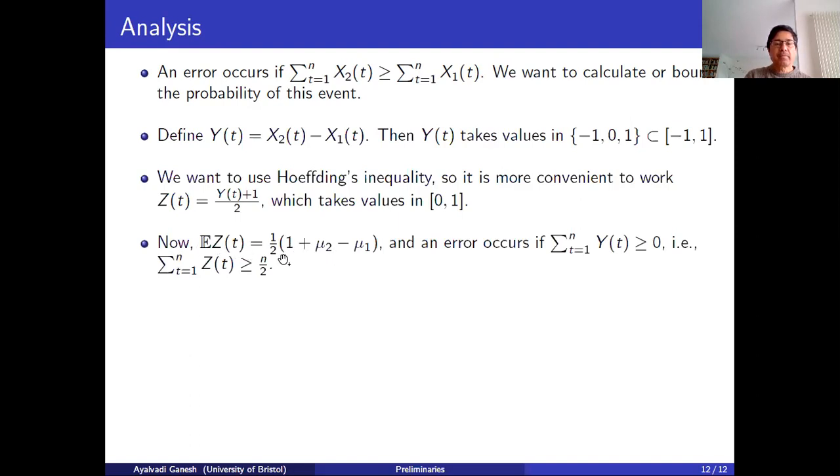This is half of 1 plus the expectation of Yt. Yt has expectation mu2 minus mu1 because it's X2t minus X1t. Okay, and when does an error occur? It occurs if the sum of the Yt's is non-negative, which in terms of the Zt's is saying that the sum of the Zt's is at least n over 2. This is what needs to happen.